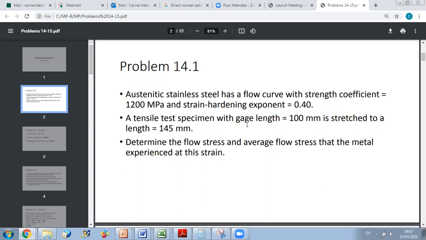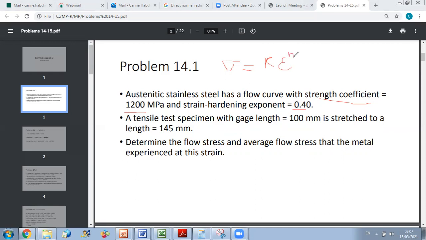So here in this problem, they gave us the value of the strength coefficient K and the strain hardening exponent n. And we know that when having K and n, we can say that sigma is equal to K times epsilon to the power n.